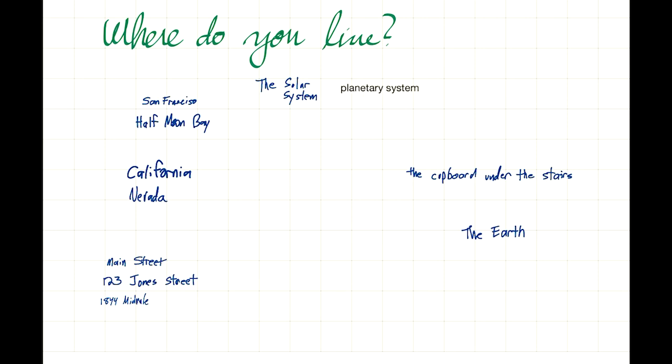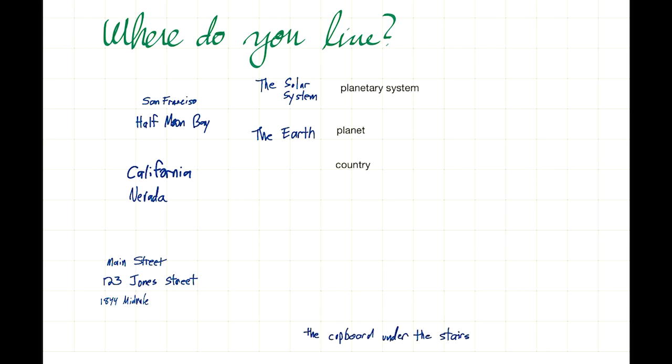There are a lot of planetary systems, but this is one of them. In our solar system, there are 8 planets, one of which is the Earth. The Earth has a number of countries in it. We haven't actually given the country as one of the places we live, so we'll have to fill that in later. But within country, we know there are states, and 2 of those were suggested, California or Nevada.